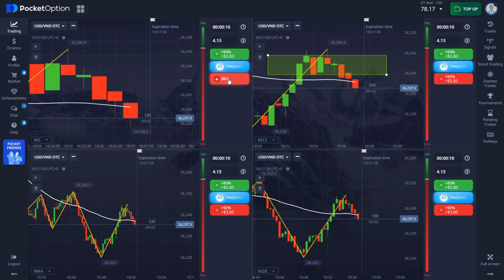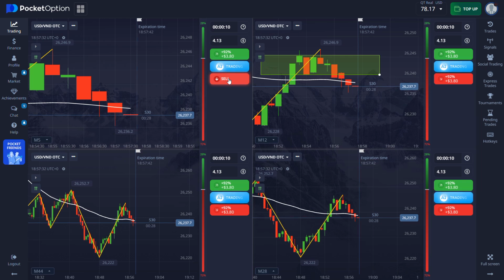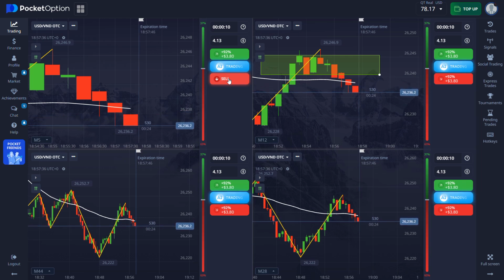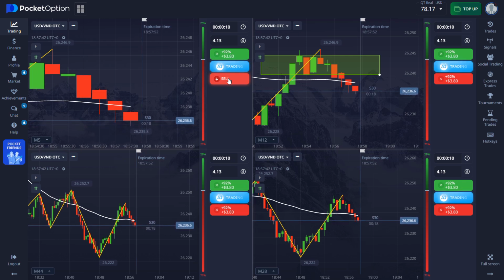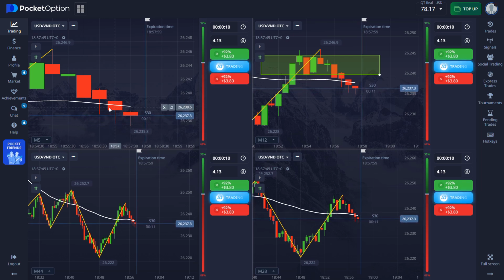So let's have a look at the next candle. To be indecisive, you can see these wicks right here.